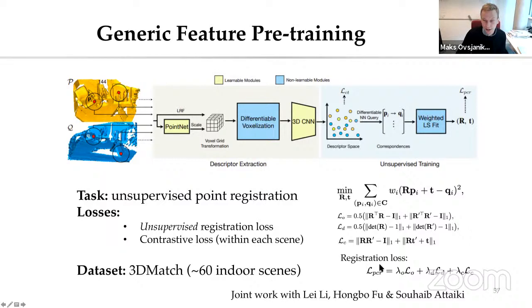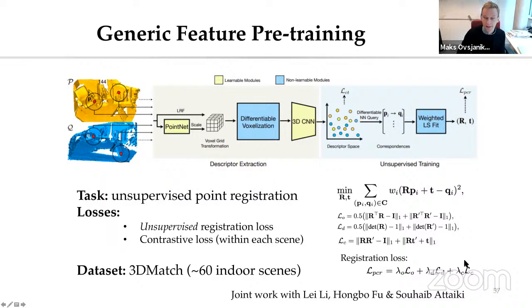But the registration loss is exactly the same as what we have in this unsupervised surface network, where we first have some putative correspondences. We solve a linear system for the rotation and translation parameters, and then we impose constraints, like we want the rotation to be orthogonal, we want the determinant to be 1, we want the rotation in the two directions to cancel each other out, etc. So this is our unsupervised registration loss.